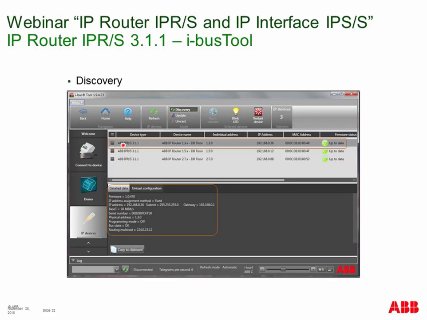Depending on the selection, you click here on this device, it will be marked, and then you get some detailed data of this component. So the firmware version, also IP address, the speed of the network, routing multicast address, remember the fixed IP, routing multicast address you have reserved for the KNX world. So you get a lot of information about the device, and can easily identify components.